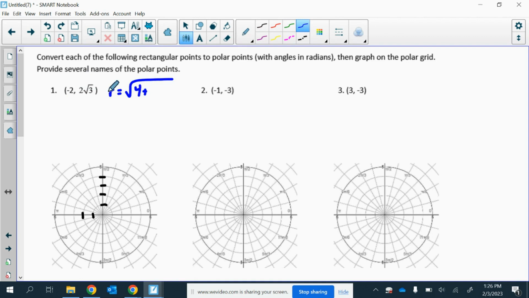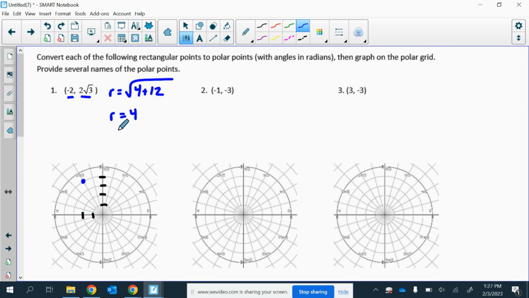So that would be 4 plus 2 squared is 4 times 3, so 12. So that's the square root of 16. So r equals 4. That actually makes some sense, because we should know that this is a 30, 60, 90 triangle, right? So if my x is 2 and my y is 2 root 3, I should end up with a radius of 4. That's just something that I probably should know by now, knowing 30, 60, 90 triangles.